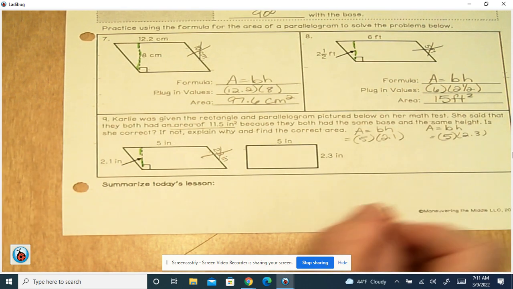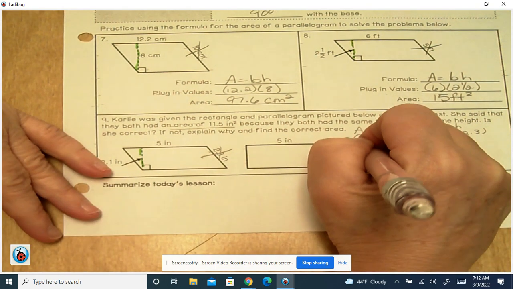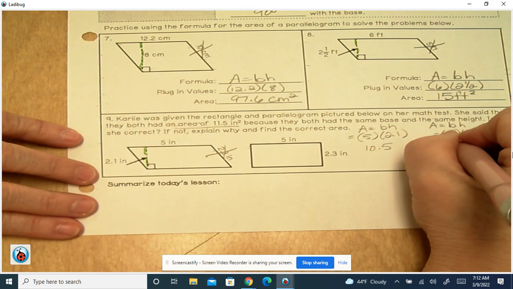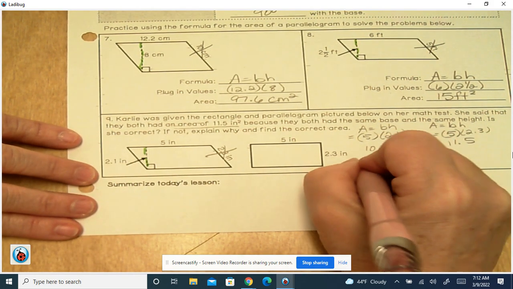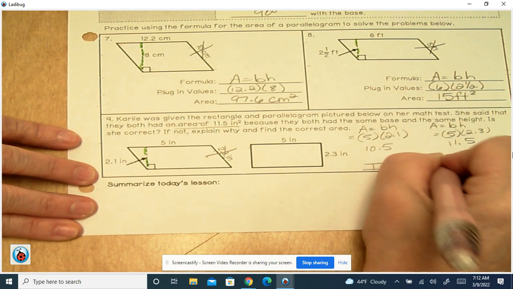And if we do both of those in the calculator, we get 5 times 2.1 is 10.5. And then 5 times 2.3 is 11.5. So Carly is incorrect. Any questions, please ask.